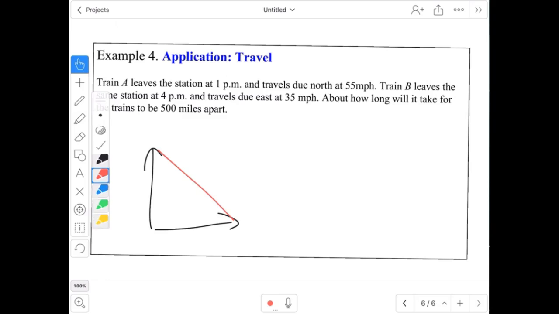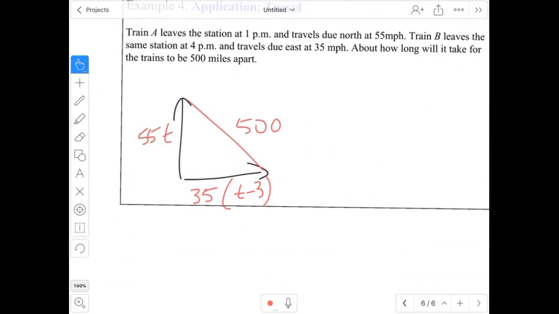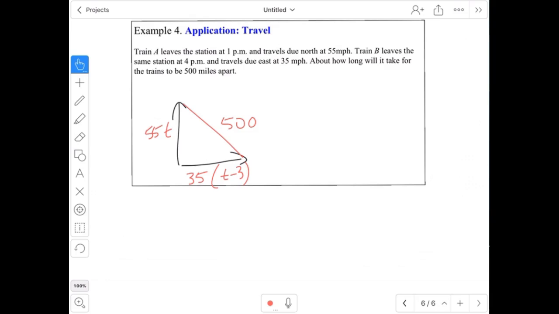So the train going north will just be a simple 55t. Since the next one left 3 hours later and went 35 miles per hour, that's going to be t minus 3. And then our hypotenuse is going to be 500. So we're going to use the Pythagorean theorem to set up this quadratic.